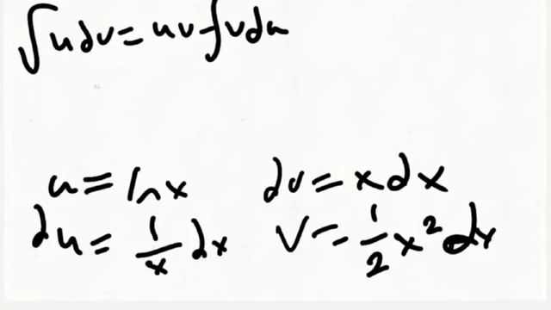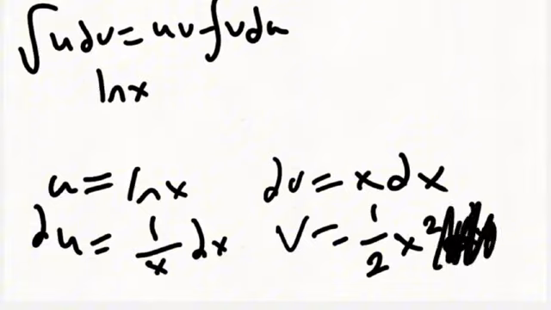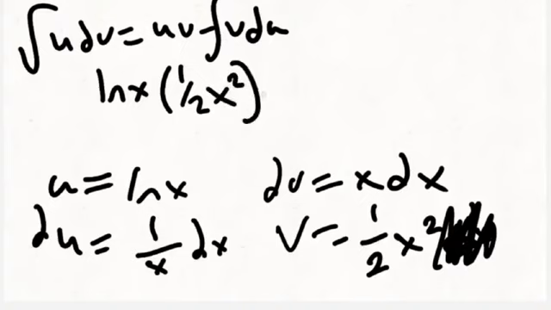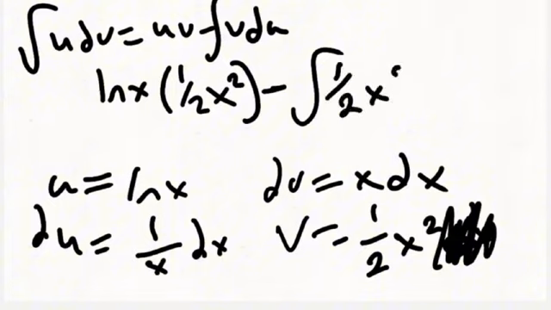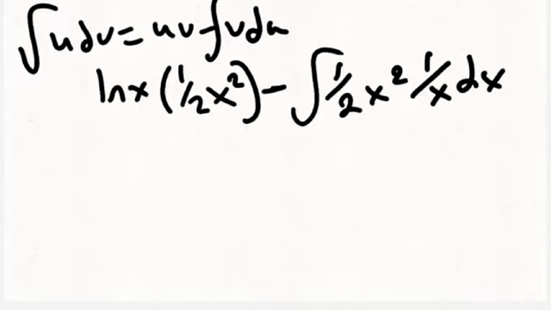So we have u is equal to natural log of x, v is equal to 1/2 x squared. We have 1/2 x squared for v minus the integral of v, 1/2 x squared, du. And what is du? It's 1 over x dx.